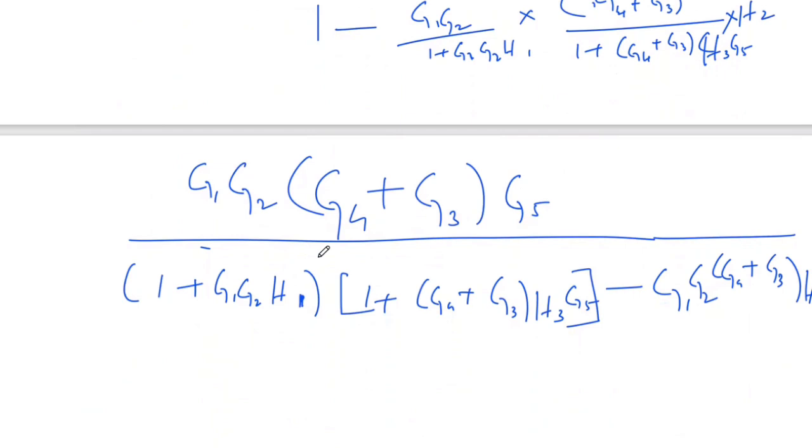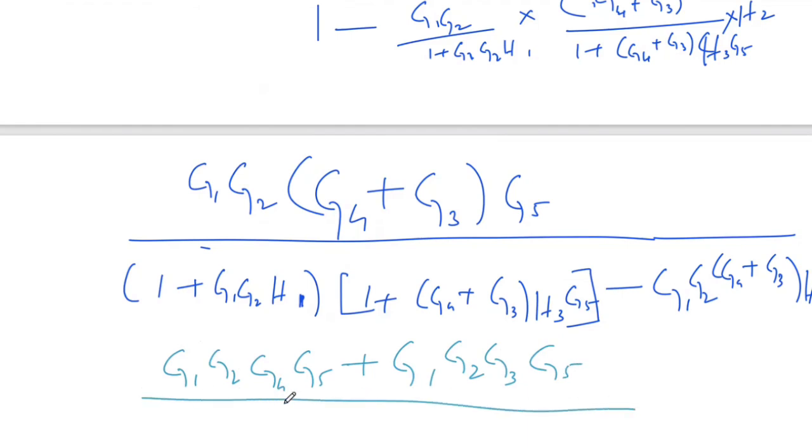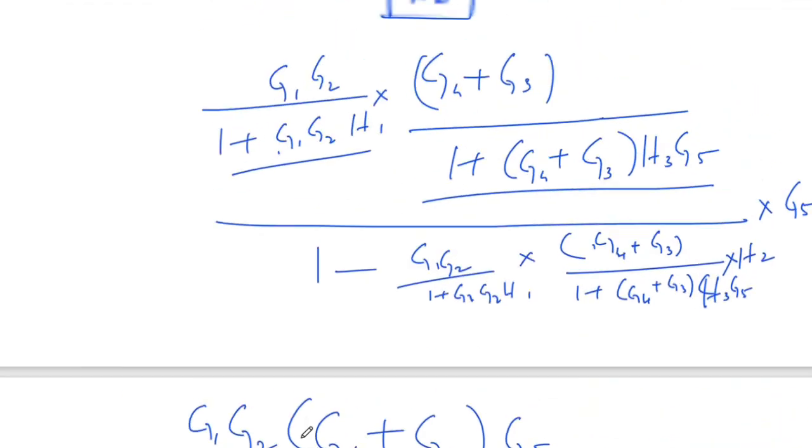We have got this G1, G2, G4, G5. This is P1 plus G1, G2, G3, G5 divided by, so you'll have to multiply this, you'll get 1 into 1 is 1, then plus G1, G2, H1. What is G1, G2, H1?